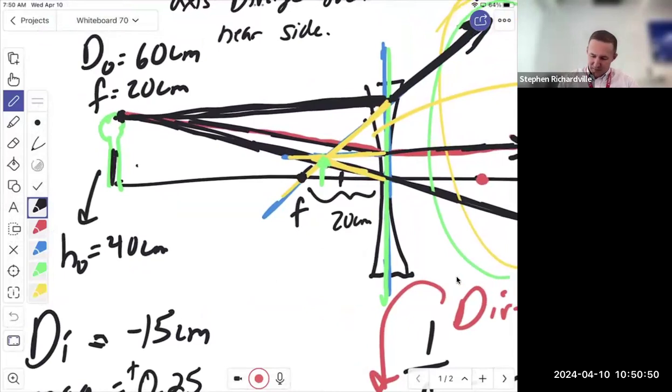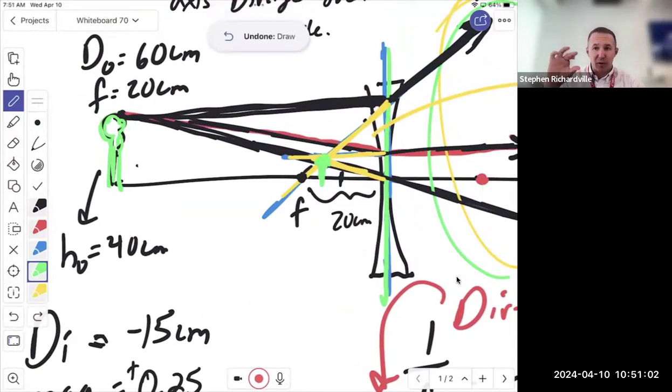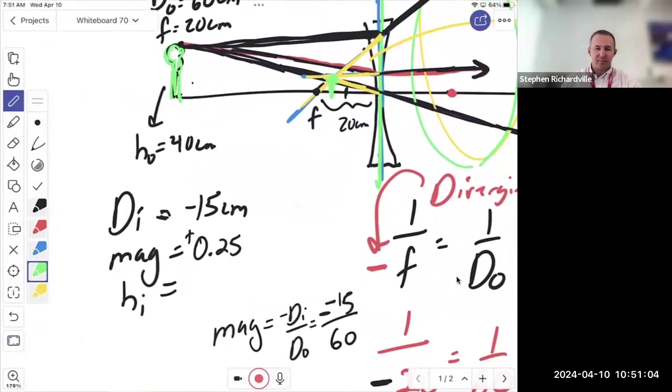If the tree is up here, make it green. My little tree is upright over there. It's not inverted over here, negative. It's upright. It's also smaller. That's the 0.25. So what's the overall height then? 10 centimeters. And how did I get that? If this is 40, my mag is 0.25, my height is 10. Okay.